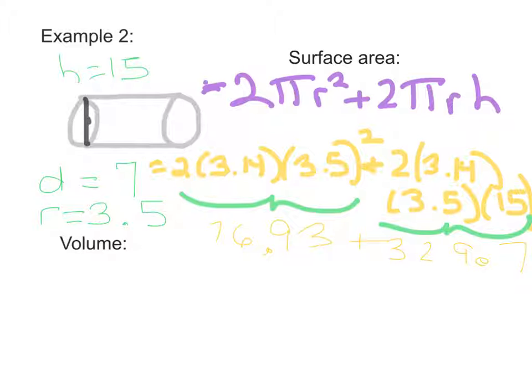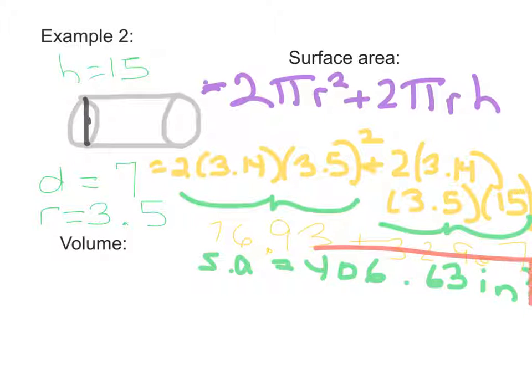So when I add the 76.93 plus 329.7, I'm going to get a total surface area of 406.63 square inches. Remember, my units of measurement are always going to be squared when I'm solving for surface area.